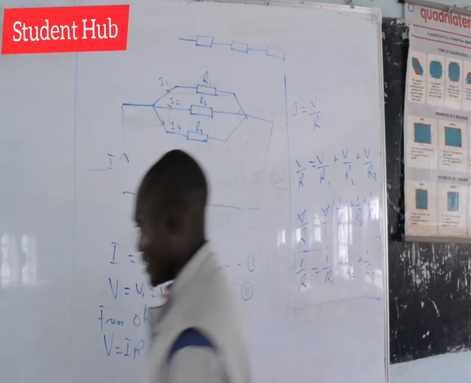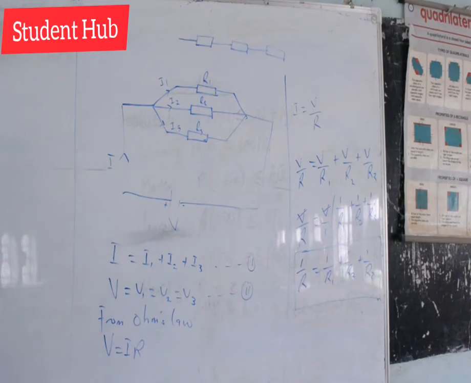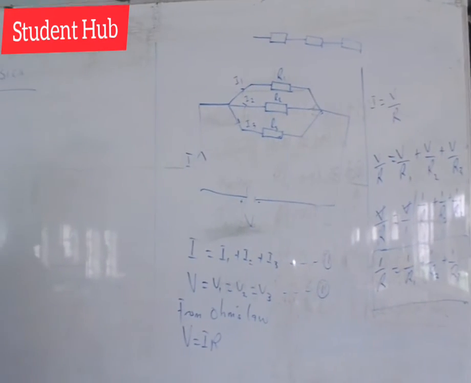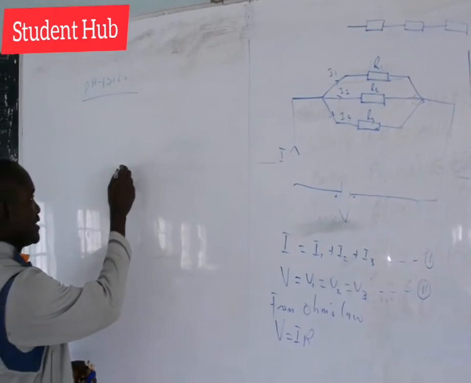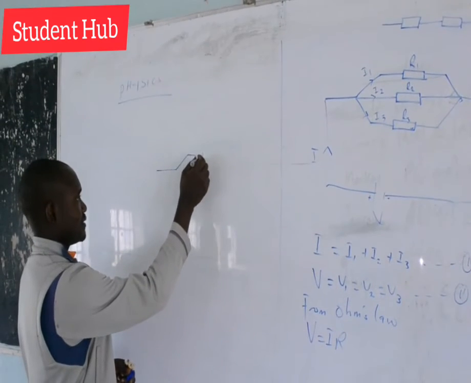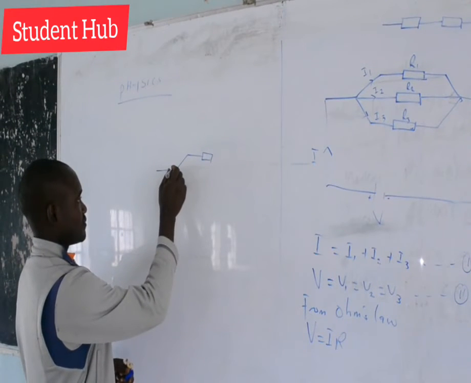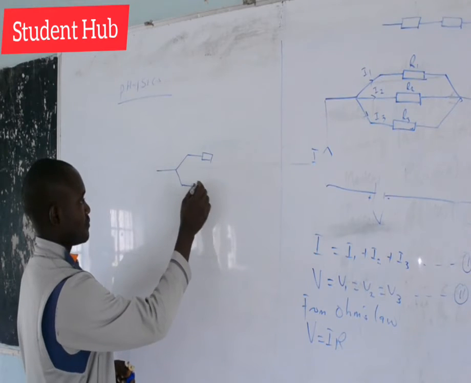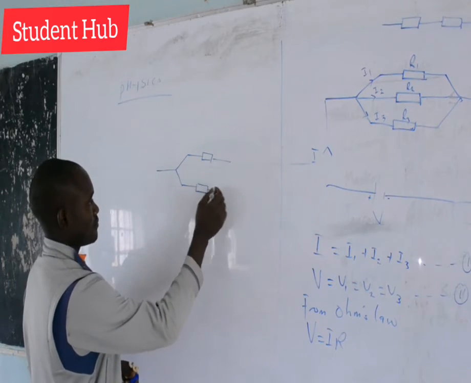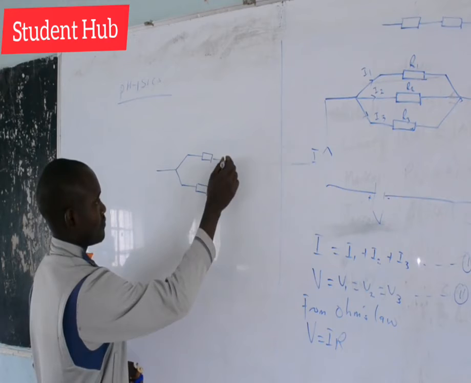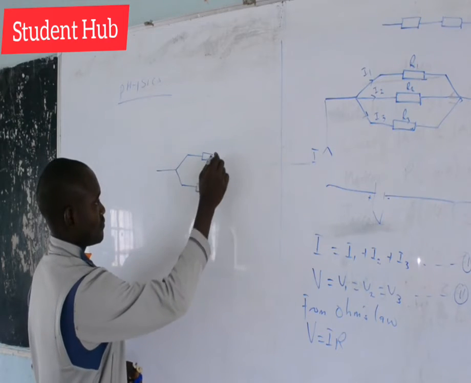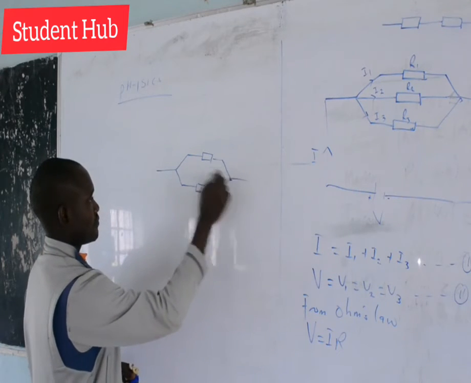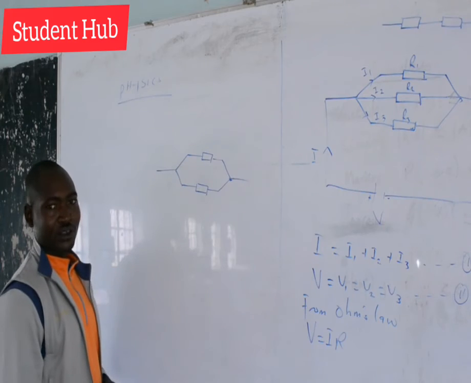But in the other way around, if you have two resistors connected in parallel, like this, this one is a parallel connection.